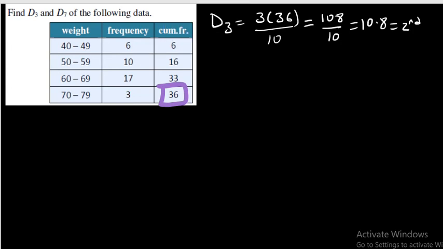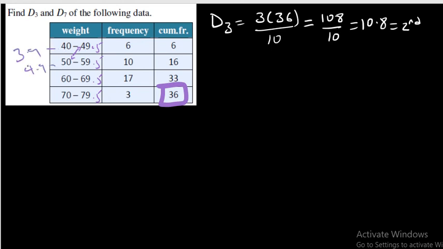Now we have to calculate the class boundary. Class boundary is a must. What is the gap between each consecutive class, the upper and the lower limit? That's 1. The 1 will be divided by 2, which is 0.5. That 0.5 will be added to every upper limit and subtracted from every lower limit. For example, the 40 will be 39.5 and the 50 will be 49.5.